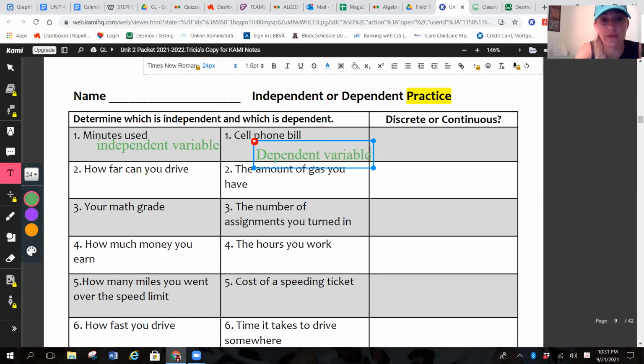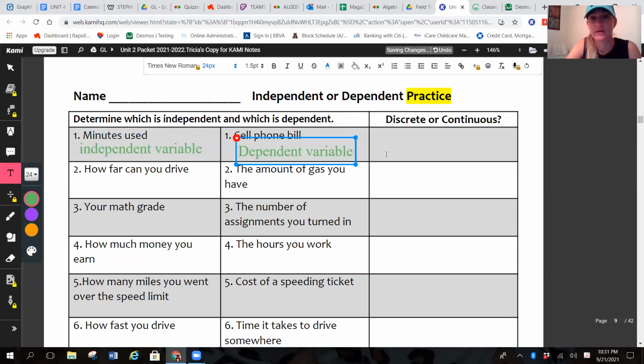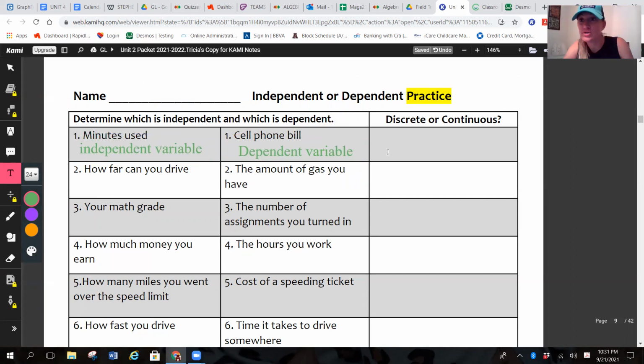Okay, so now you need to decide, is this measurable or is this counting? So the question is, can you be on the phone for 1 minute? Correct. What about 1.2 minutes? Yes. How about 1.3 minutes?